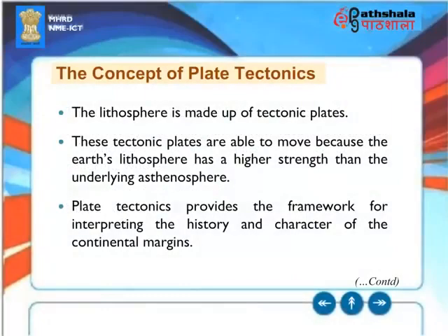The lithosphere is made up of tectonic plates. These tectonic plates are able to move because the Earth's lithosphere has a higher strength than the underlying asthenosphere. Plate tectonics provides the framework for interpreting the history and character of the continental margins.